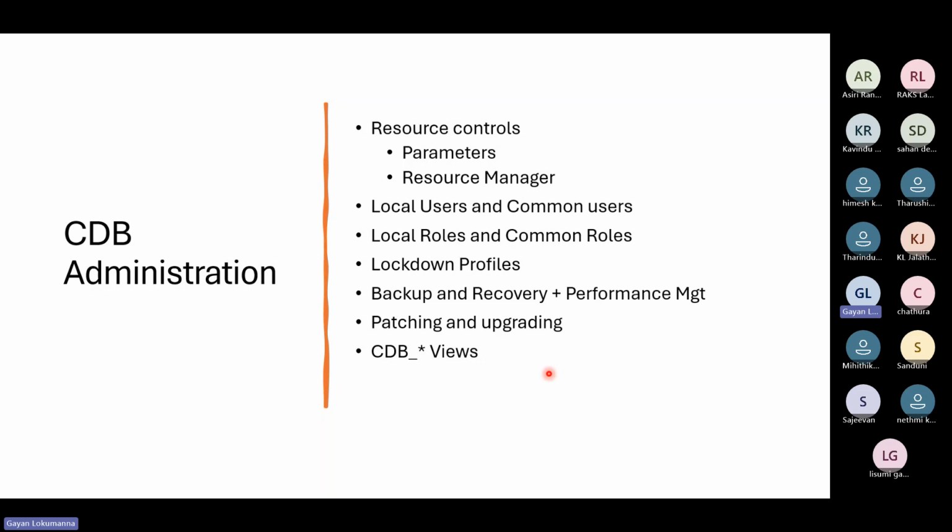If I want to see all the tables across the pluggable databases, then I will run my CDB underscore tables from root. But if I go to a pluggable database underneath the root and query CDB tables, then that will limit to the tables that I have in that current container, which is that pluggable database.